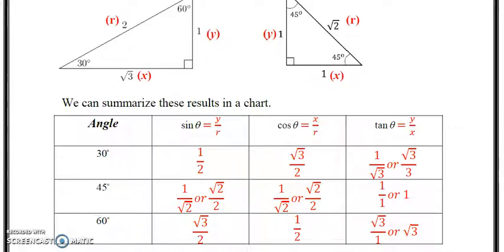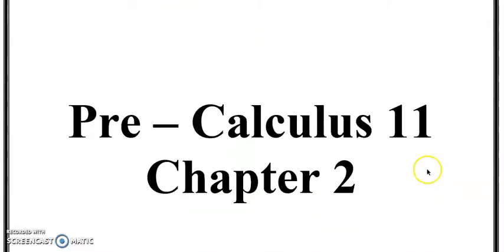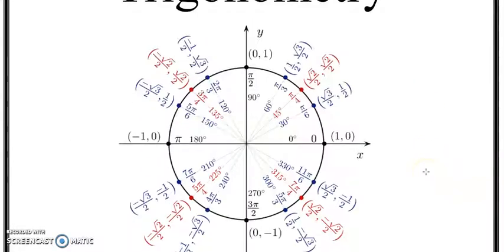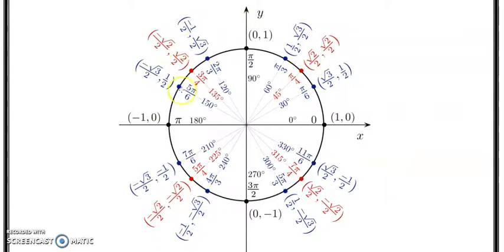So these are used a lot when we use our special triangles, when we're looking for exact values. You'll refer back to these. Okay. If you go back to the very first page, you'll notice that these values are right here actually. You'll notice that the point values are there because it's all connected.